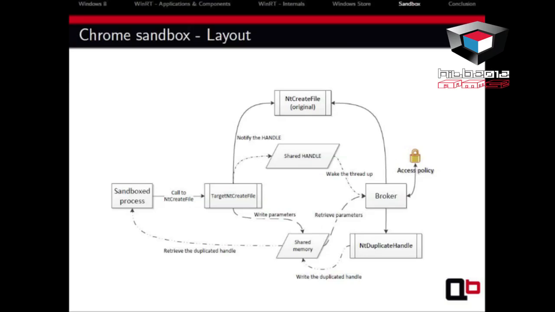Finally, if the function succeeds, since every process has its own handle table, it has to duplicate the handle and write it to the shared memory to give it back to the Sandbox's process.